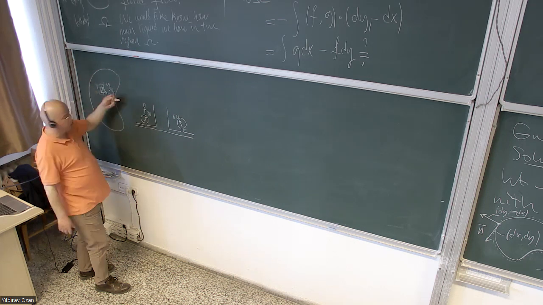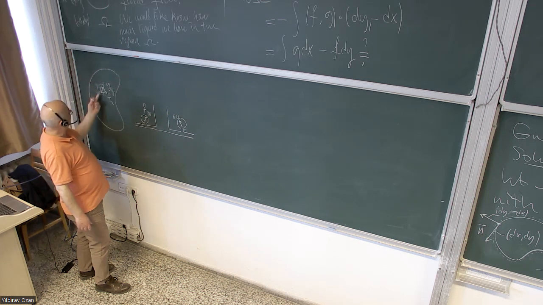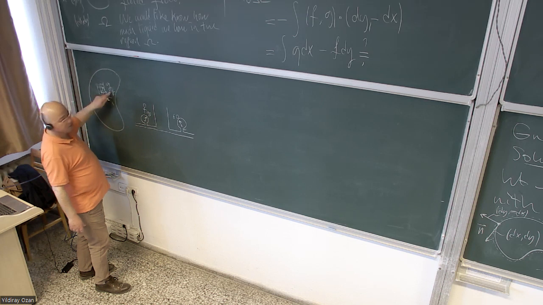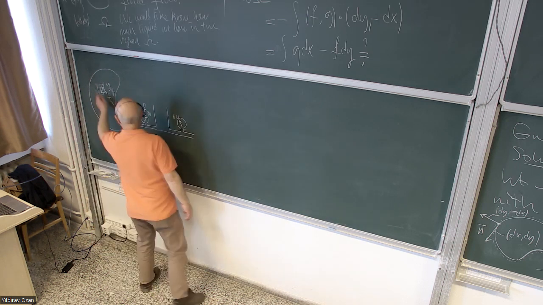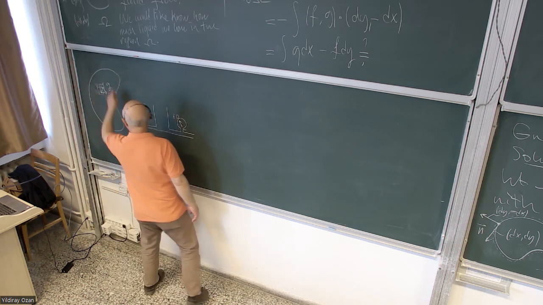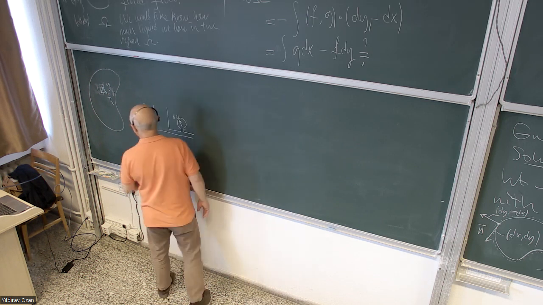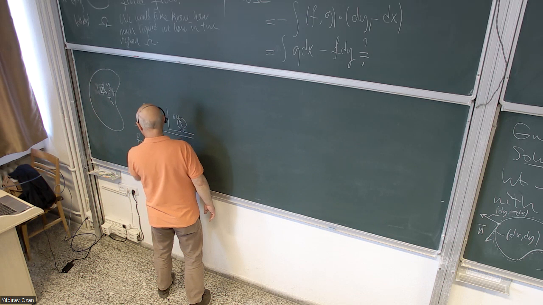It is f sub x, and how much the velocity changes in this direction, this is g sub y. Therefore, it is just f sub x plus g sub y.